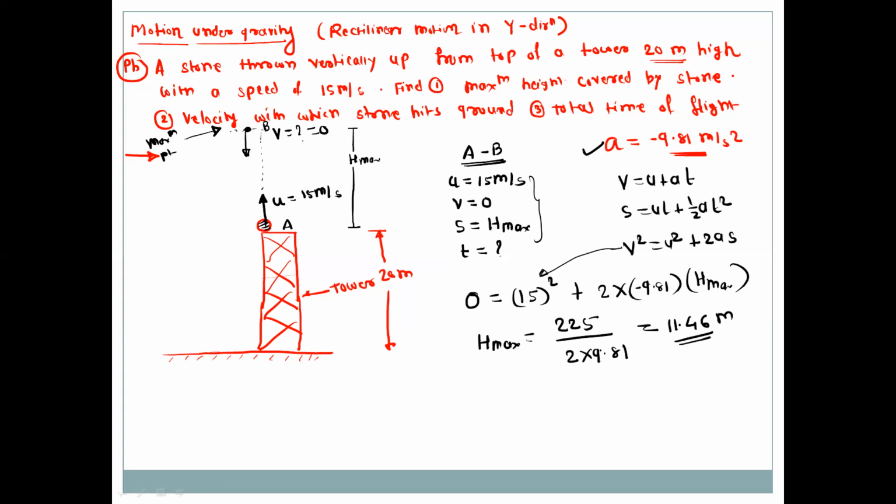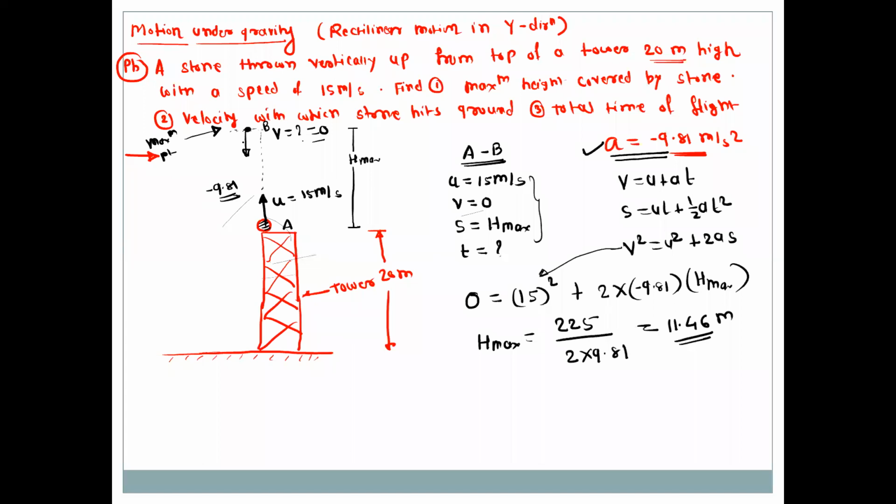Okay, so here we have taken the acceleration as minus 9.81 meter per second square. What is the reason we have considered negative acceleration? Because from motion A to B, velocity is decreasing. At the maximum point, we get the zero velocity. Therefore, the acceleration must be negative, that is minus 9.81.